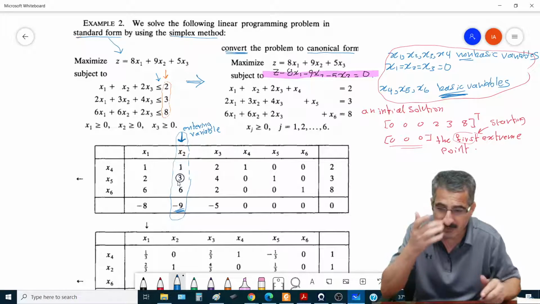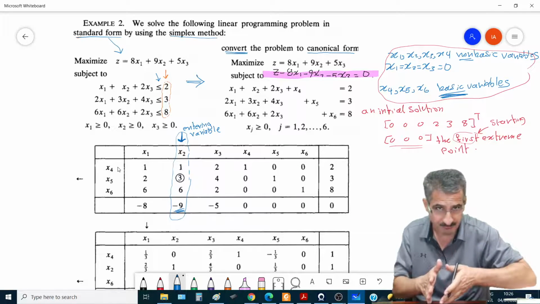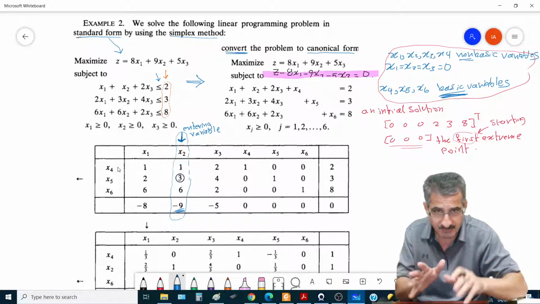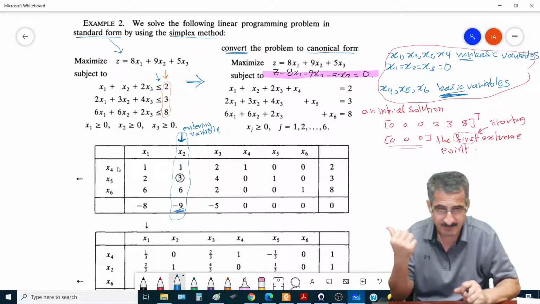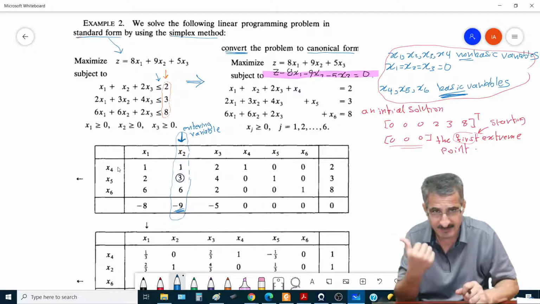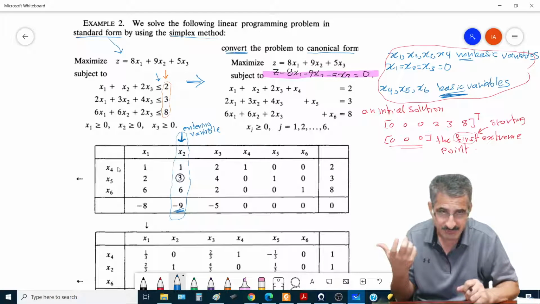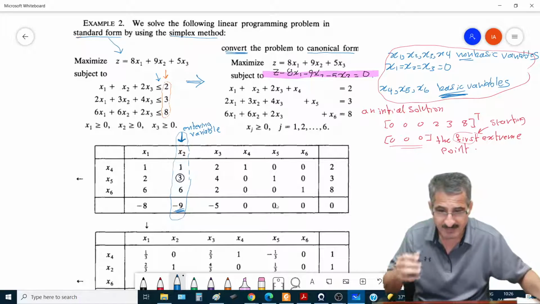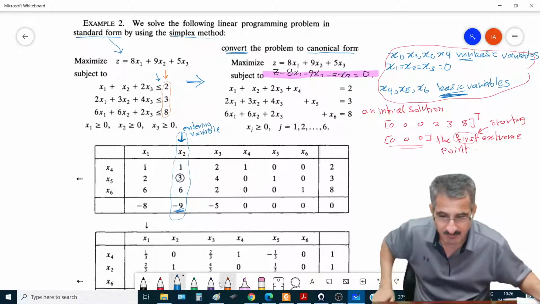Okay. Now I chose a column, which is x2. x2 now will become a basic variable. So I want to take one of the basic variables and make it non-basic. Which one do I choose? Which means which row do I choose. The way I decide is the following.